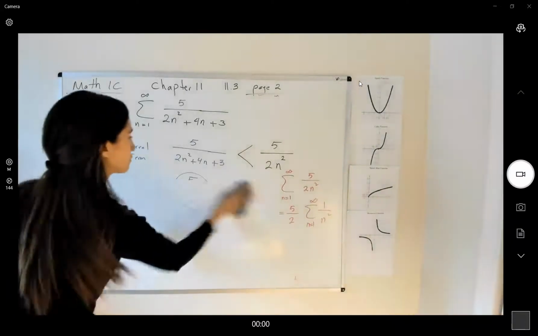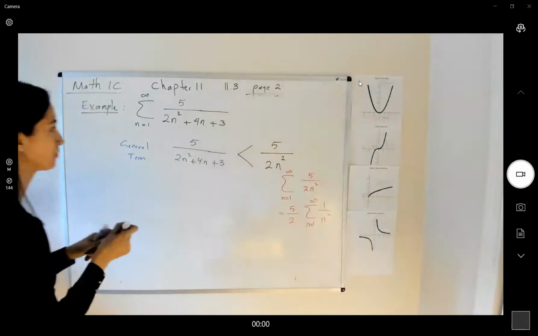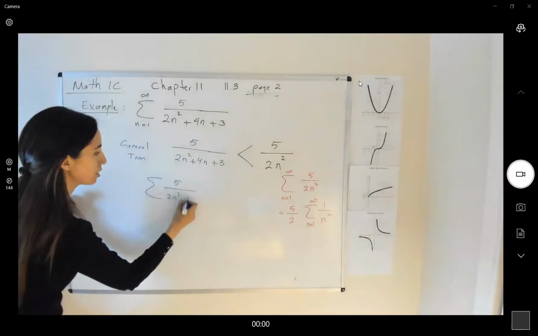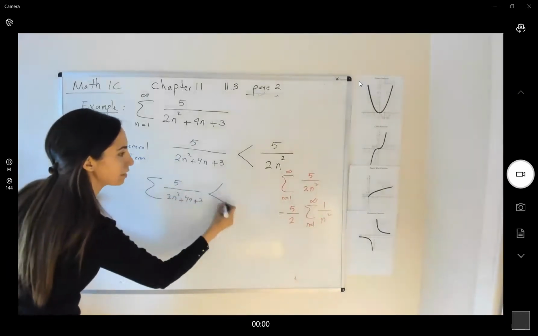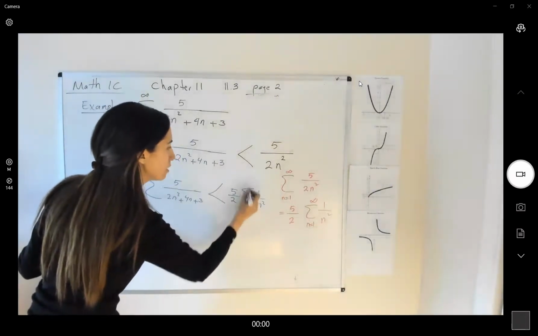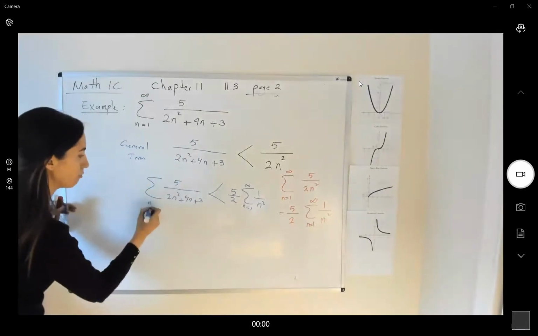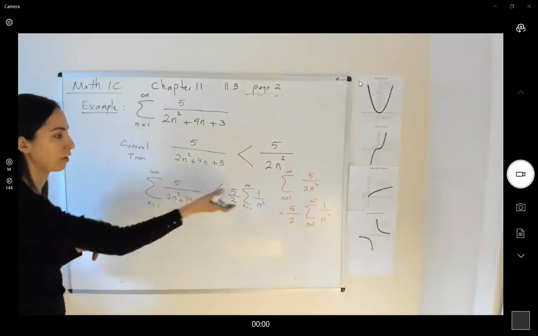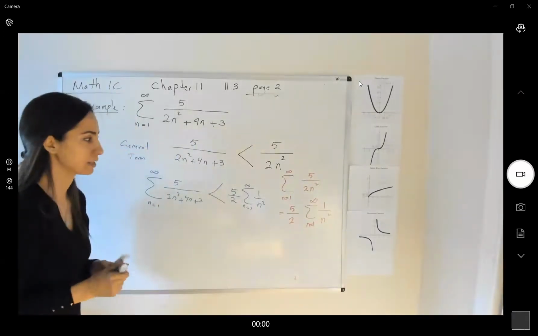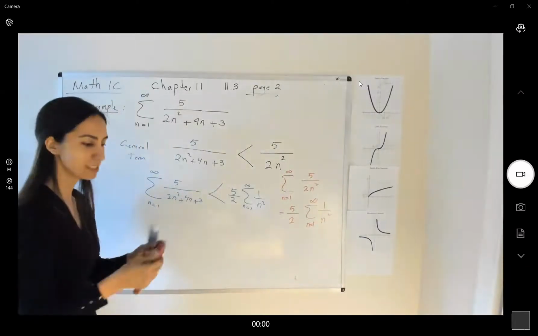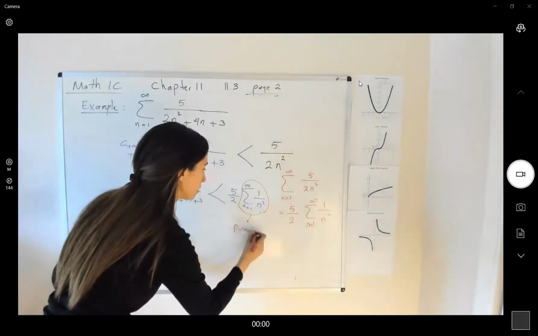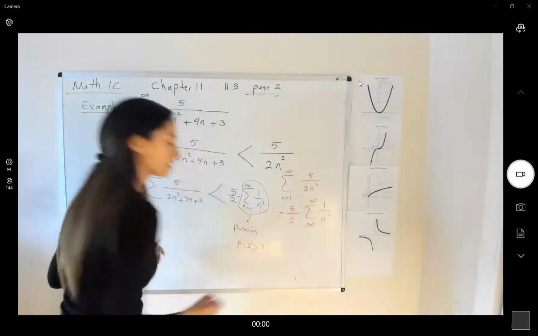Here's my eraser. So as you can see, your series 5 over 2n squared plus 4n plus 3 is less than 5 over 2 times the series 1 over n squared, starting from 1 to infinity. Both of them are positive, and the first series is less than the second series. You already know that this is a p-series, p is 2, greater than 1.